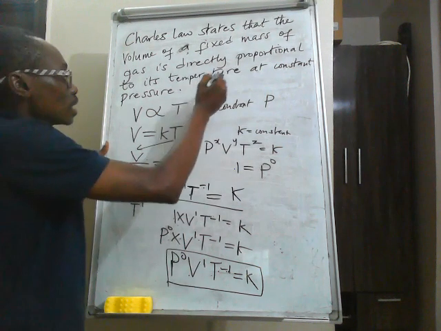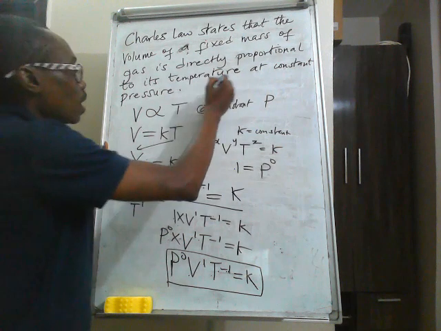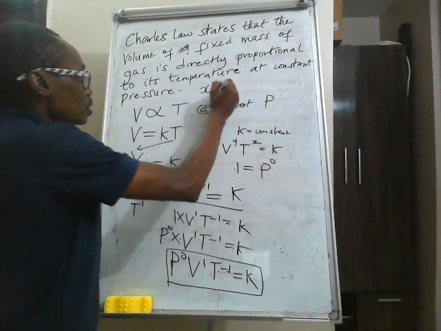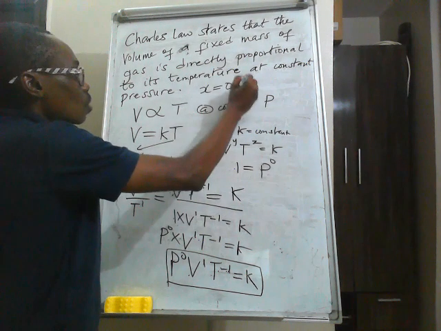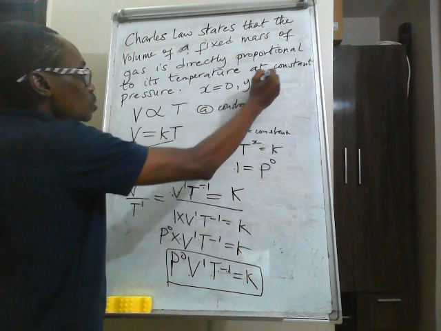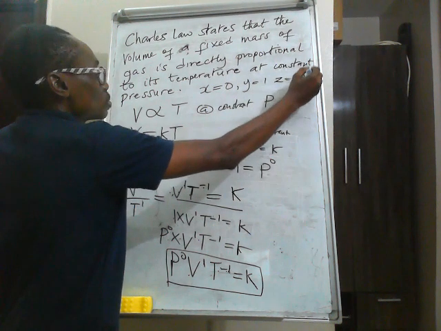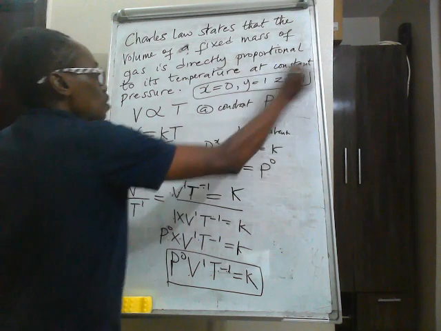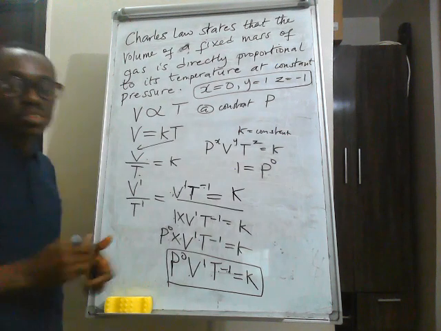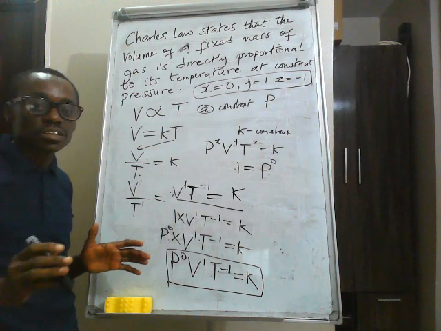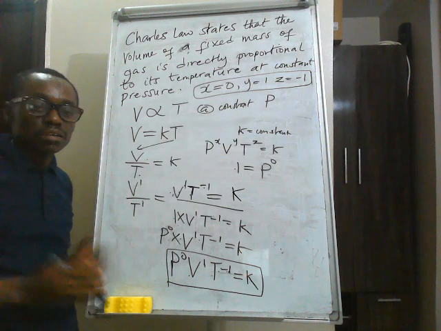So at the end of the day, our x is 0, y is 1, and z is minus 1. So these are the values of x, y, and z. As simple as that.